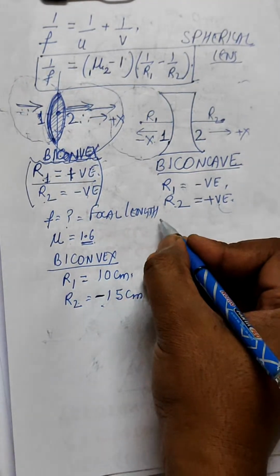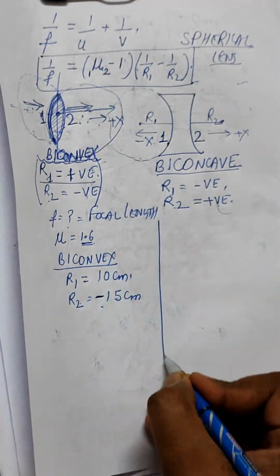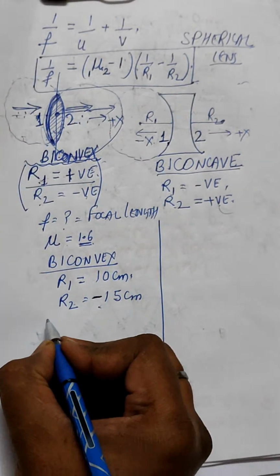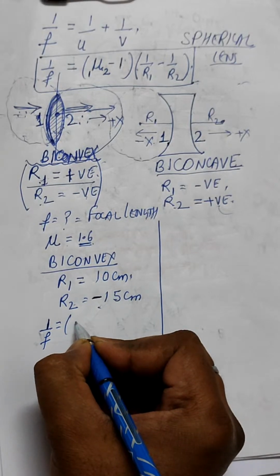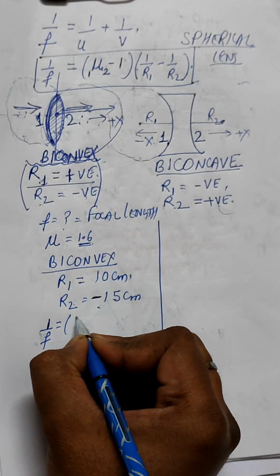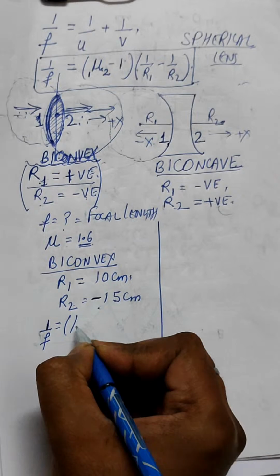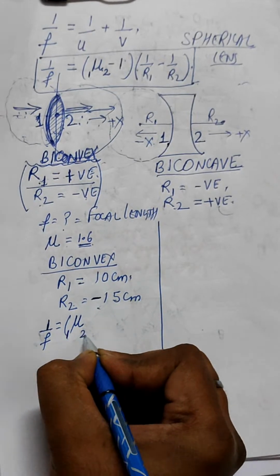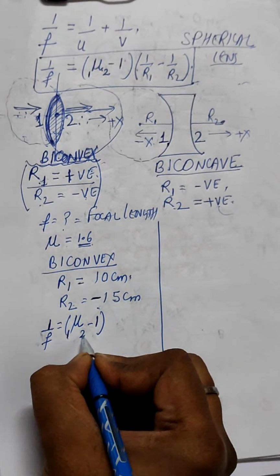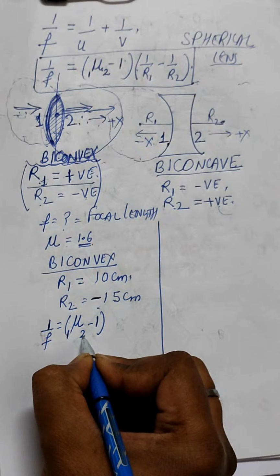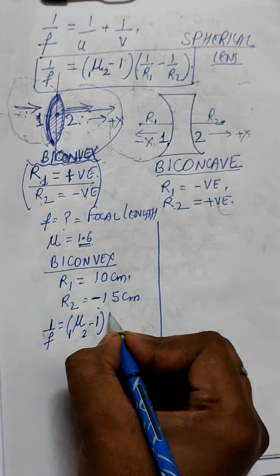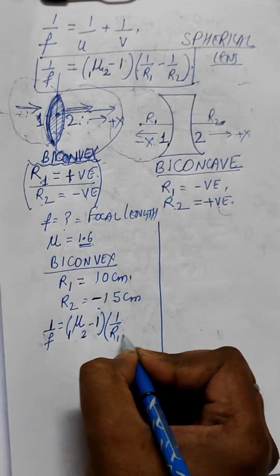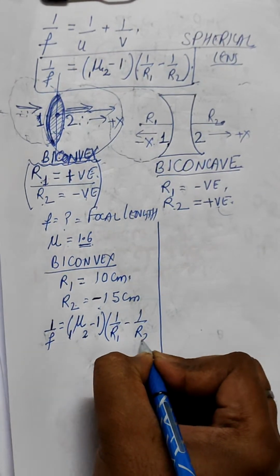Now to find the focal length of this biconvex lens, we use the formula 1 by f equals mu 1 to minus 1, that means the refractive index of the medium with respect to medium 1 minus 1, times 1 by R1 minus 1 by R2.